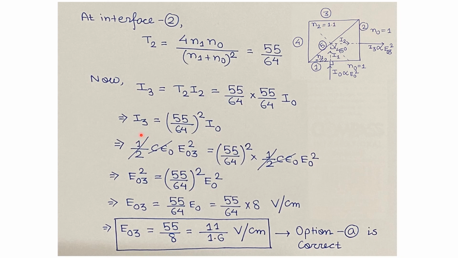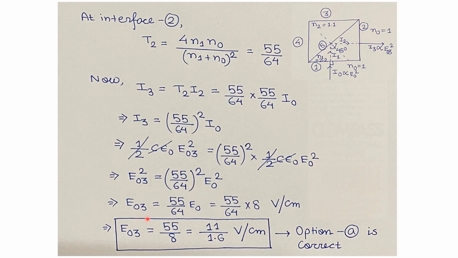Now I3 can be written as half C epsilon naught E03 whole square, where E03 is the amplitude of the electric vector in region 2, and I0 is half C epsilon naught E0 square. So if we cancel out the half C epsilon naught from both sides, we have E03 whole square equals (55 by 64) whole square times E0 square.